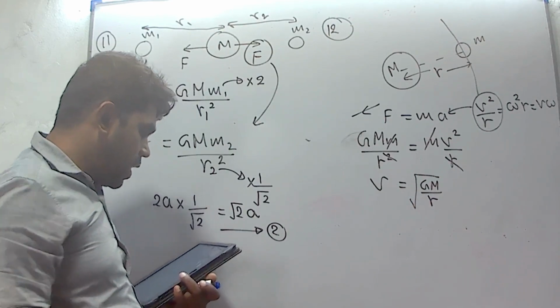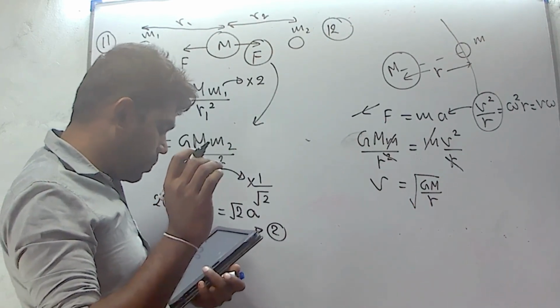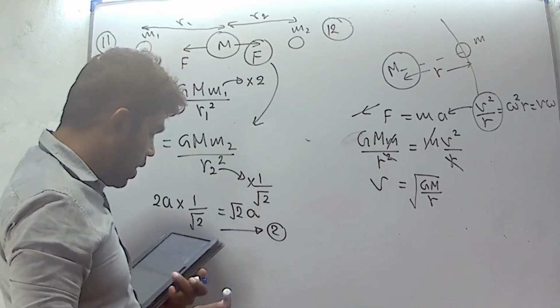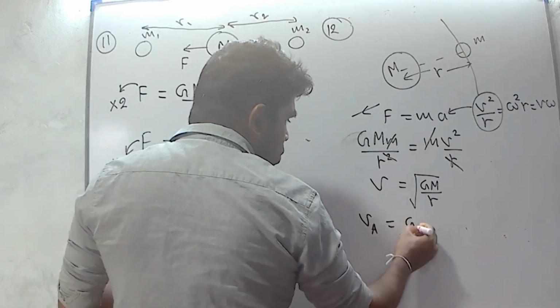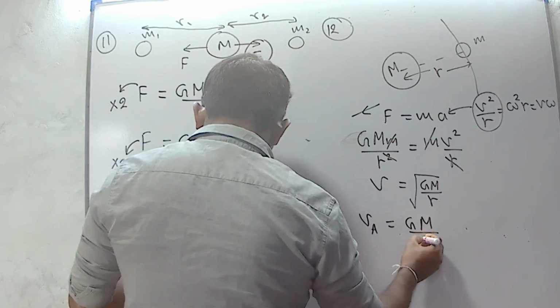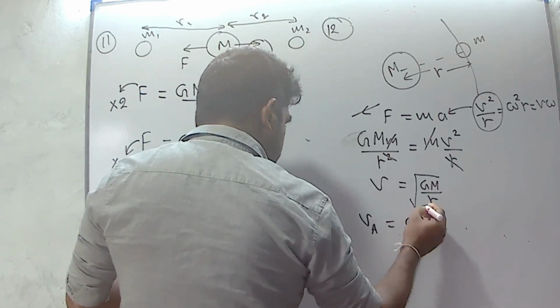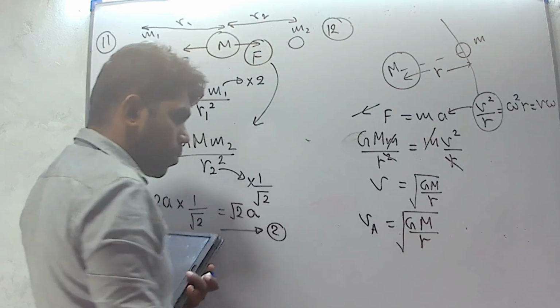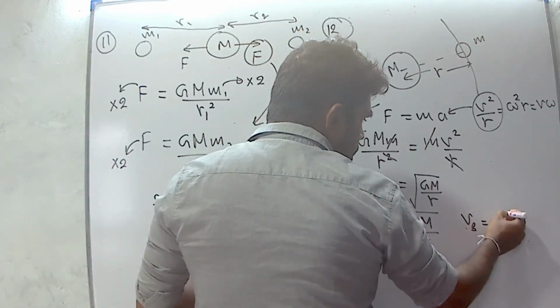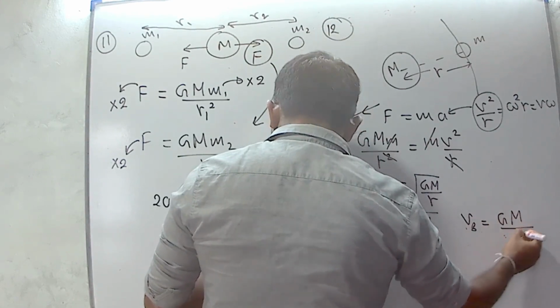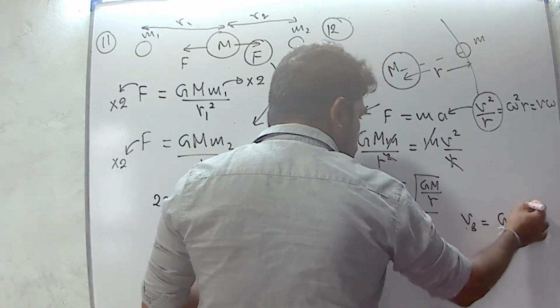Now I will consider the two satellites separately. For satellite A, the velocity of A equals root of GM over radius R. For satellite B, VB equals root of GM over its radius 2R.